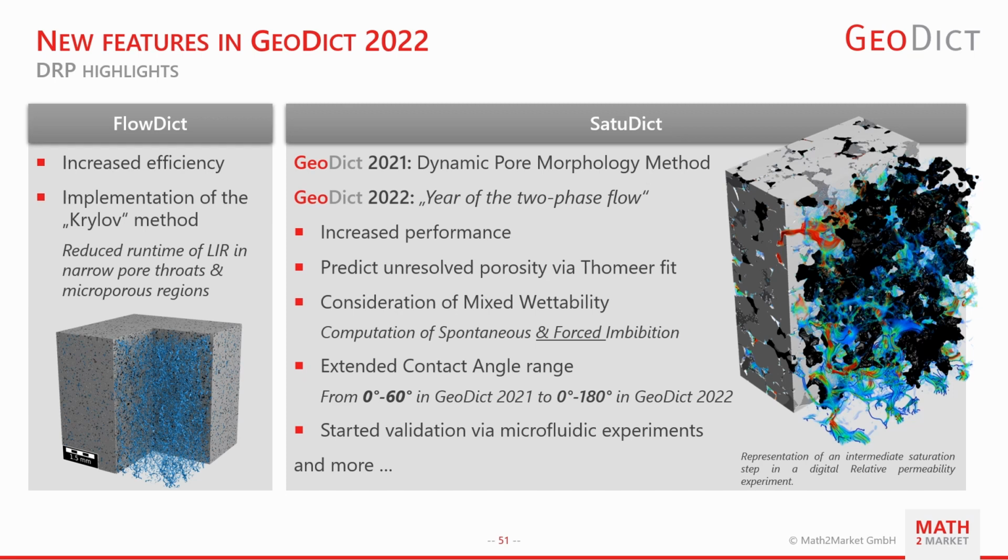SatuDict is now able to predict unresolved porosity via Tomer modeling. Using the forced imbibition script, we also consider mixed wettability in spontaneous and forced imbibition. By developing the true contact angle method, we also improved the contact angle range from 0 to 180 degrees in GeoDict 2022.